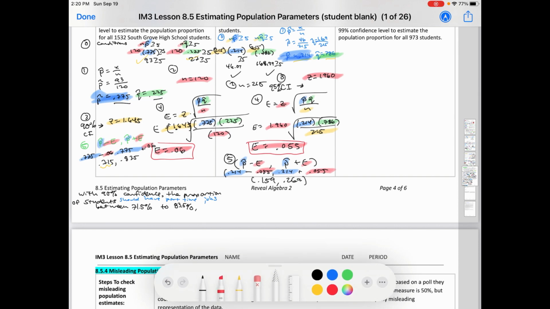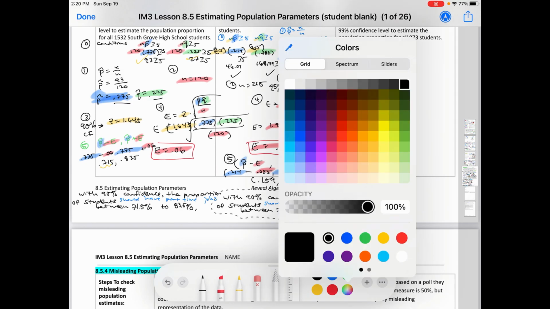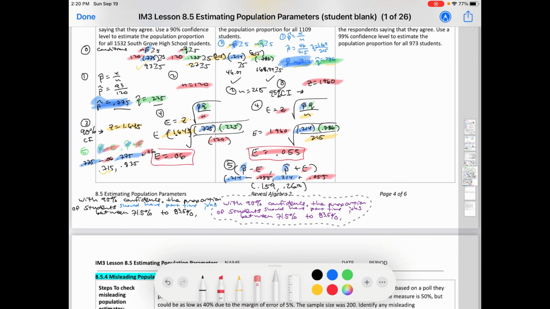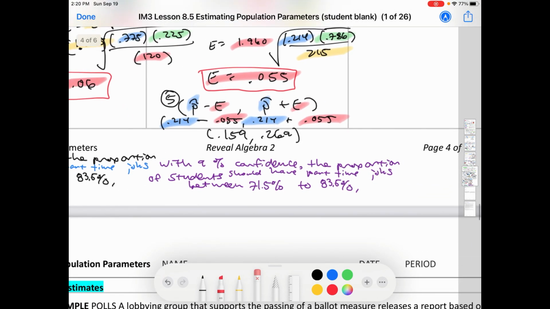And let's go to our friend Magic. What color do you guys like? How about purple? Okay, what do we got? With a 95% confidence, I know we're going to write something in there, and that number is going to change.